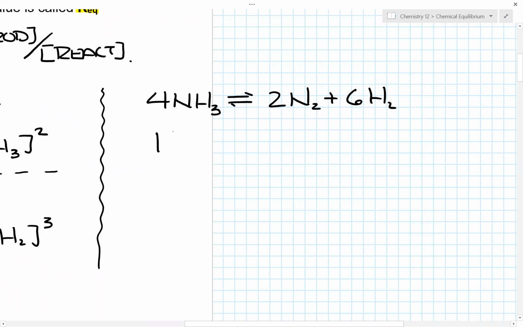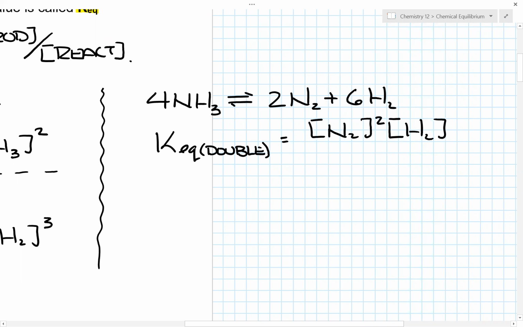So then I would go, okay, KEQ, and I'm just going to call this double, is equal to the concentration of N2 squared, H2 to the power of 6, all over the concentration of NH3 to the power of 4.